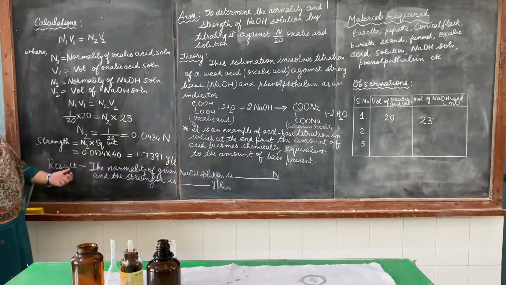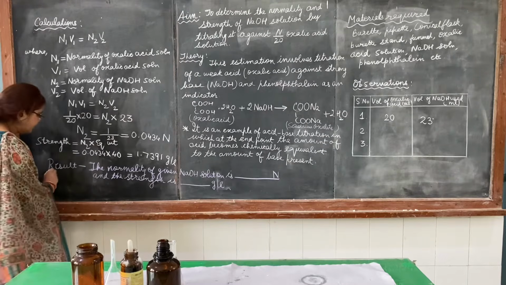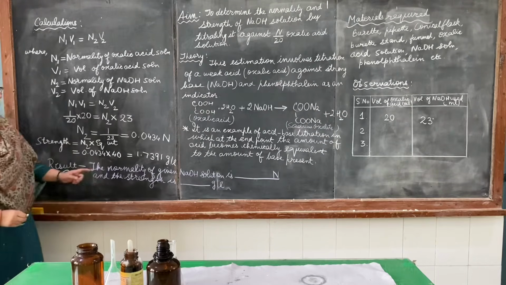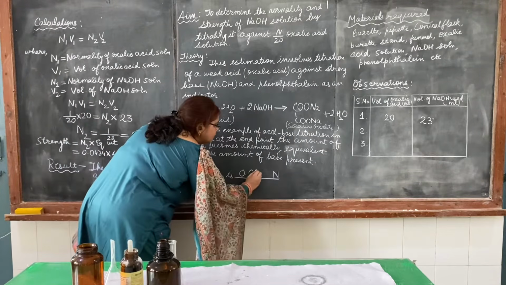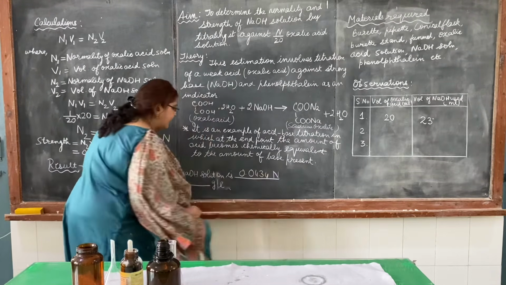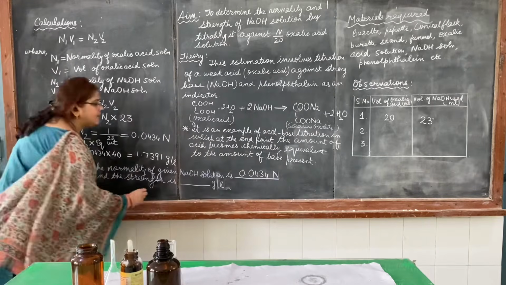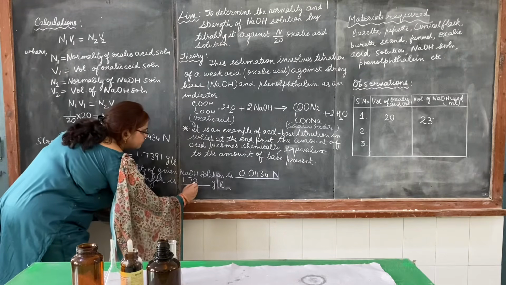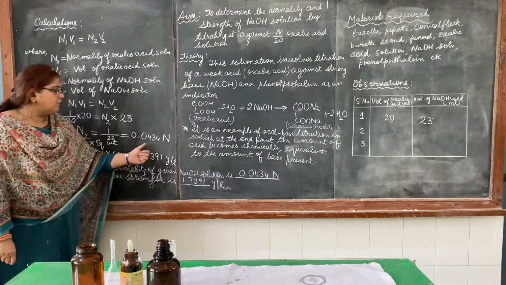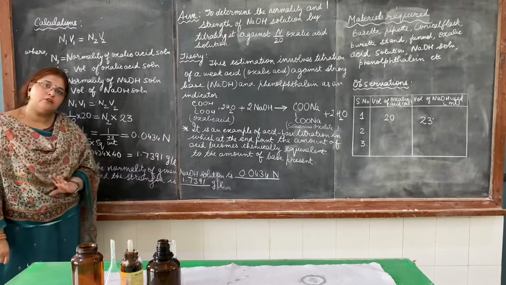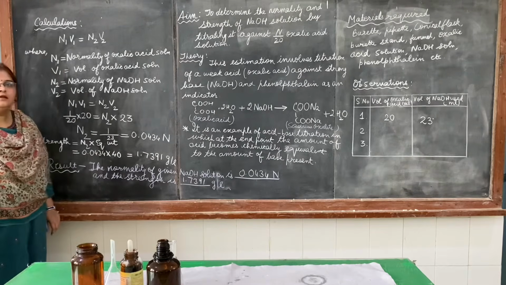In the last, you write the result: the normality of the given NaOH solution is 0.0434 normal, and the strength you have calculated is 1.7391 grams per liter. Always calculate normality and strength up to the 4th decimal place. Thank you.